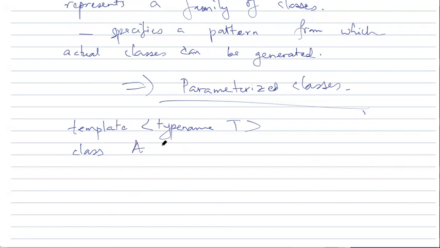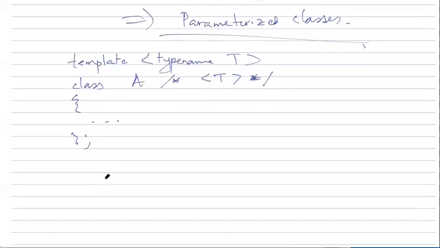You can put a comment that wherever you see T, it would be substituted by whatever the type name is passed through. And then you carry the definition of the class, okay?